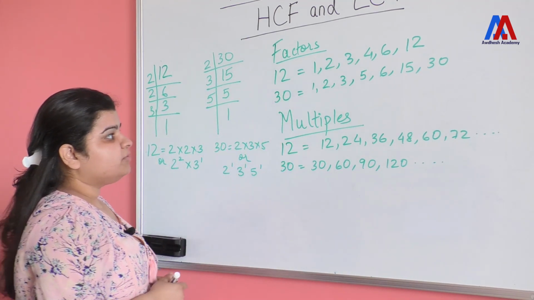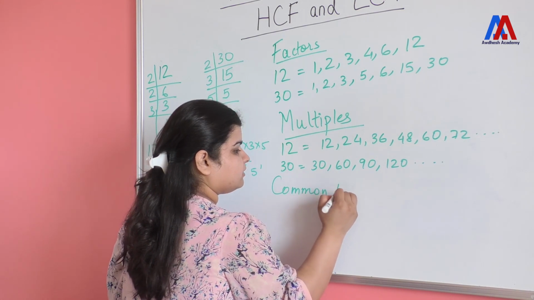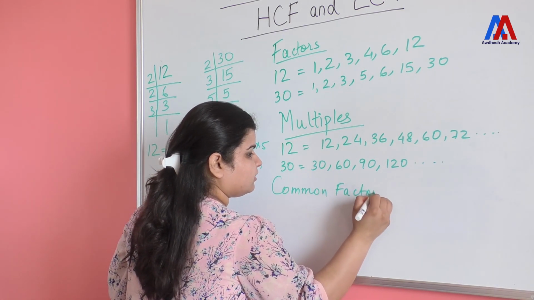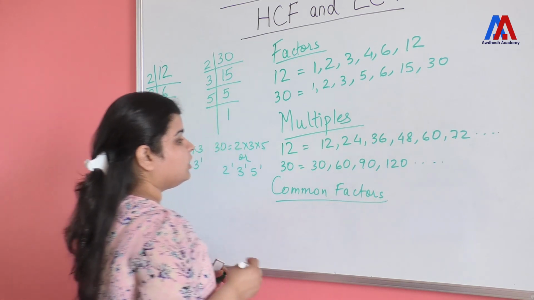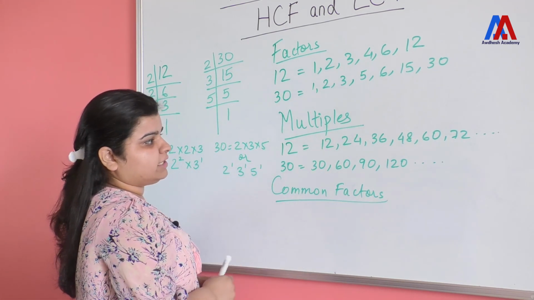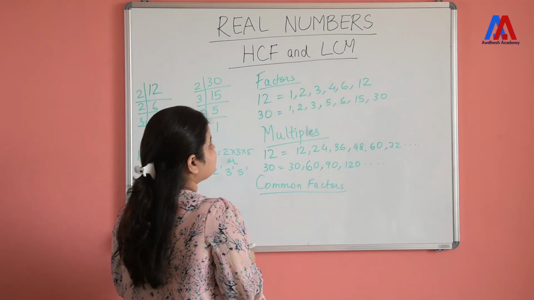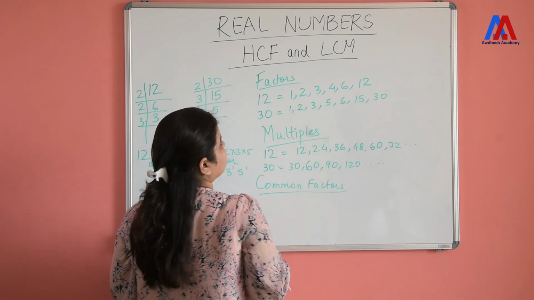Now the next concept is common factors. Between two numbers, what are the common factors? Taking 12 and 30 as an example, let's find the common factors between the two.